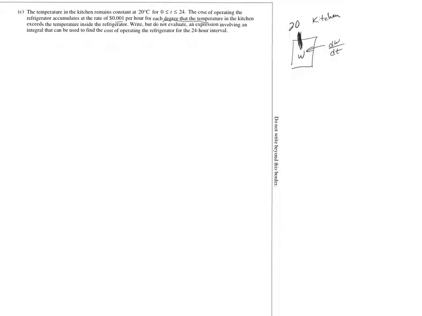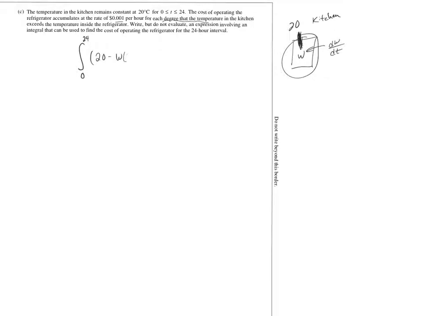However, that temperature is going to be changing that entire time, so we want to capture all of the temperature differences over those 24 hours and multiply them by that 1/1000th of a dollar. So from 0 hours to 24 hours, we want to gather all those temperature differences.